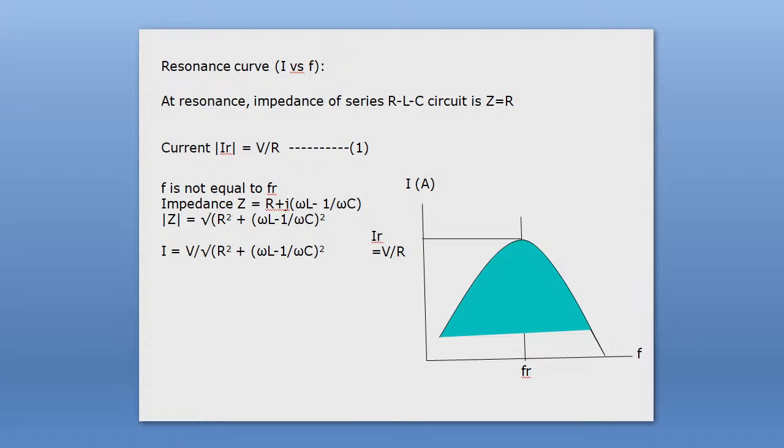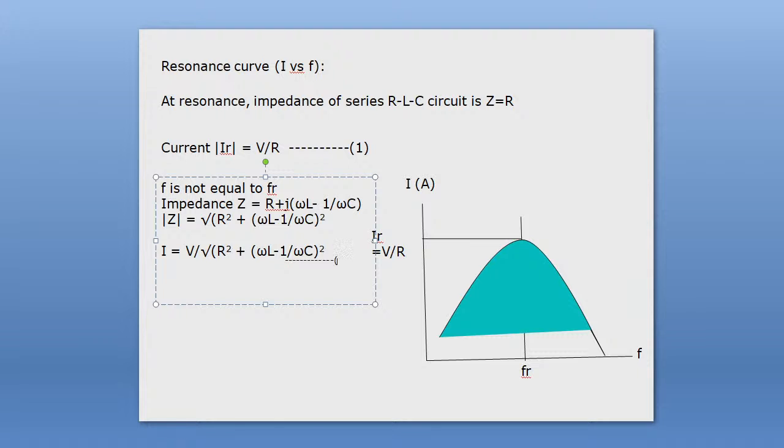On the other hand, when the frequency of the applied signal is greater than resonant frequency, the impedance of your circuit will act as an inductive reactance. From this expression we can easily prove this. Suppose this is equation 2.